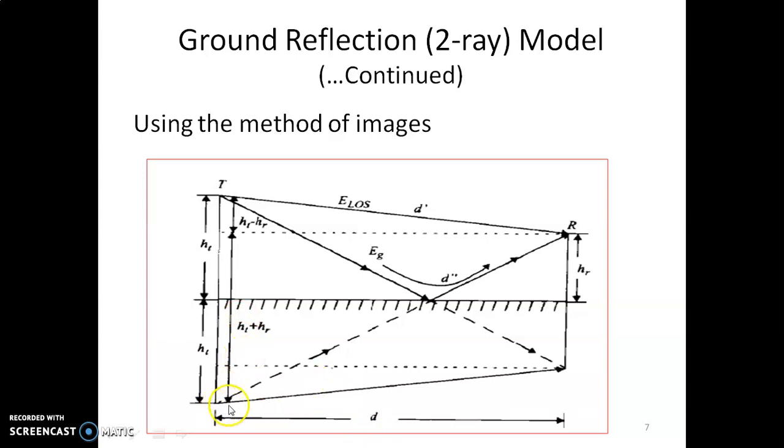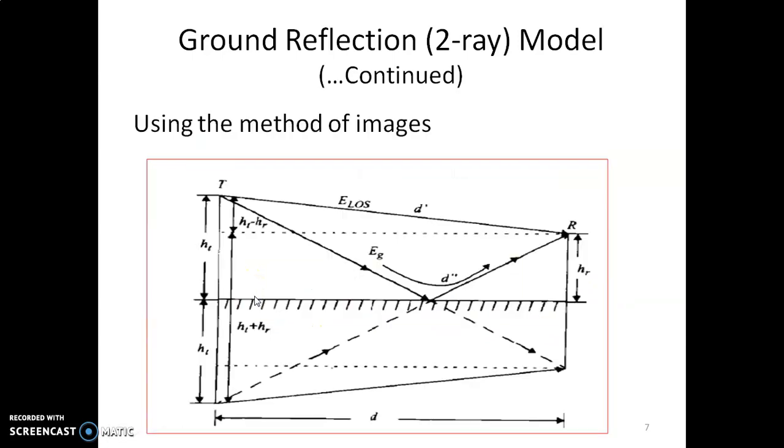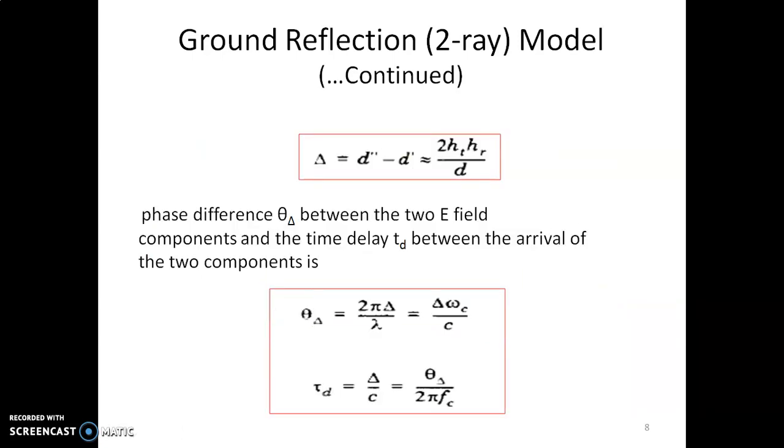And this is the distance between the transmitter and receiver. So by this the path difference is calculated, delta. So delta is equal to d'' minus d'. It is approximately equal to 2 ht hr by d.